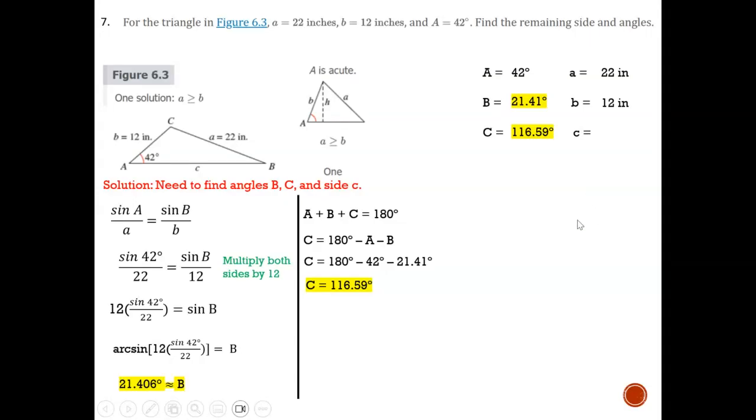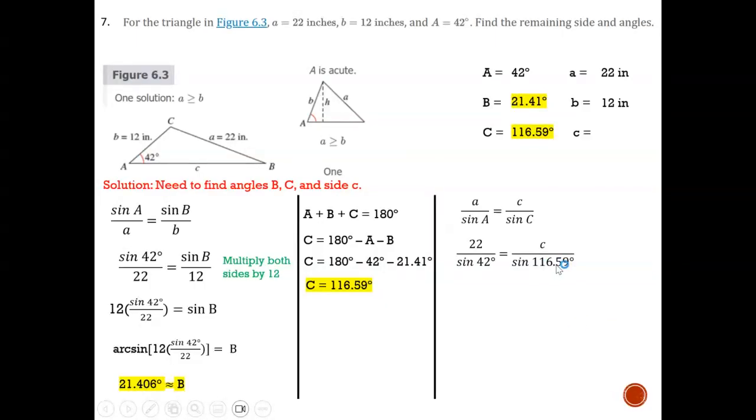Now I can find little c, right? Because the earlier formula is to solve for the angle, to solve for the side it's going to be the reciprocal of the one used to solve for the angle. So let's plug everything in. A is 22, the angle A is 42. We're looking for little c, and the sine of C is 116.59 degrees.